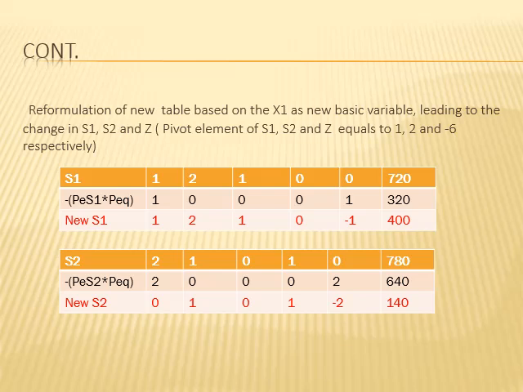By subtracting these values from the original values of S1, we will get new S1: 1, 2, 1, 0, negative 1, 400. This is the values of S1 in the next table.